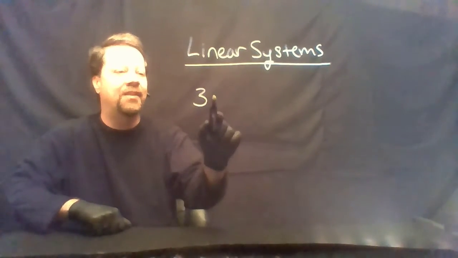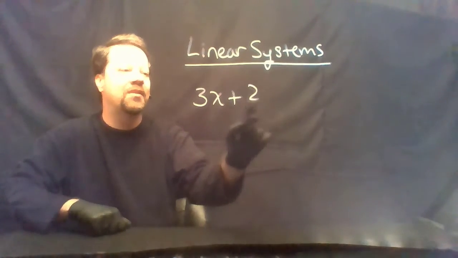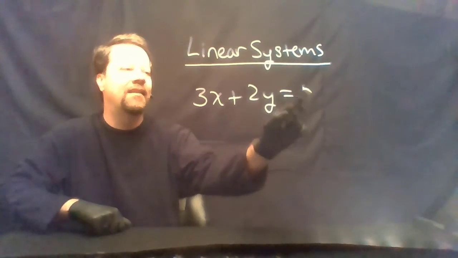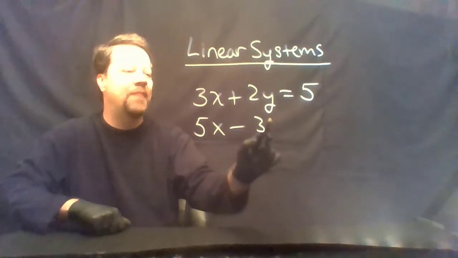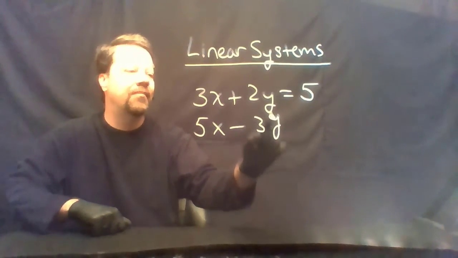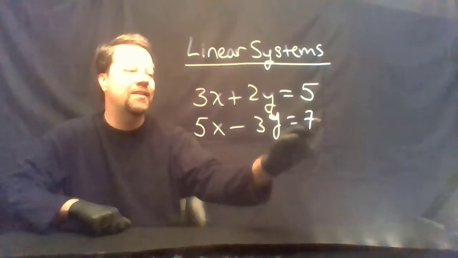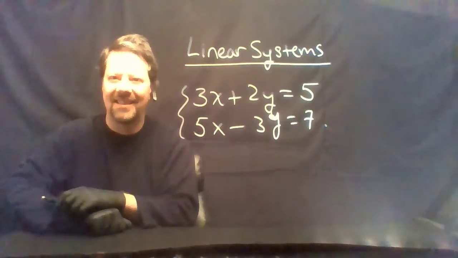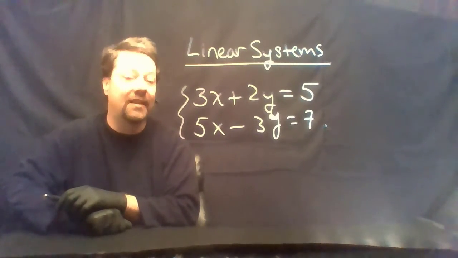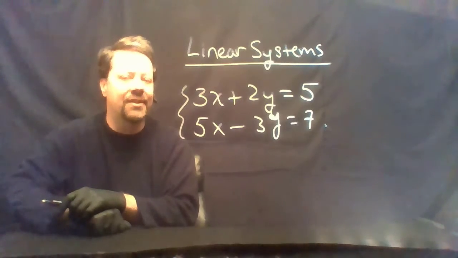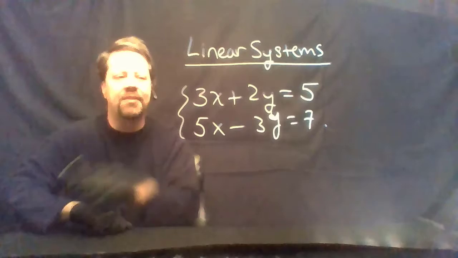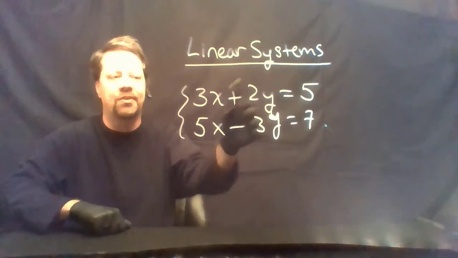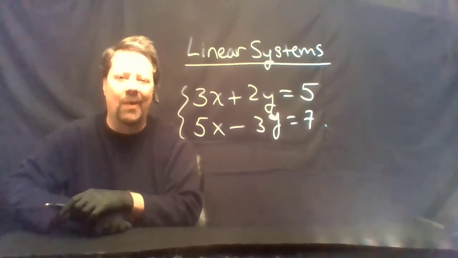Suppose I have the equations 3x plus 2y equals 5, 5x minus 3y equals 7. This is a system, a linear system in two equations in two unknowns. A nonlinear system might have other functions like x squared or x times y.